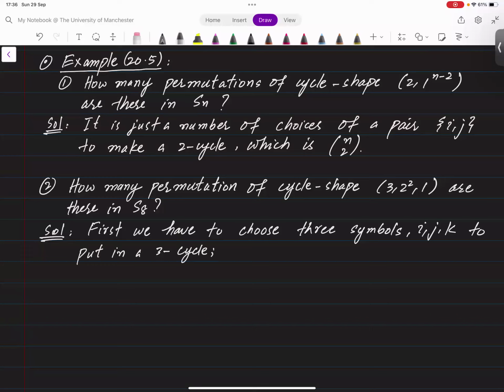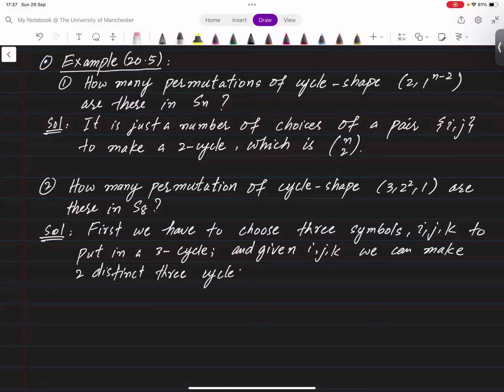And given i, j, k, we can make 2 distinct 3 cycles. Those are (i j k) and (i k j).